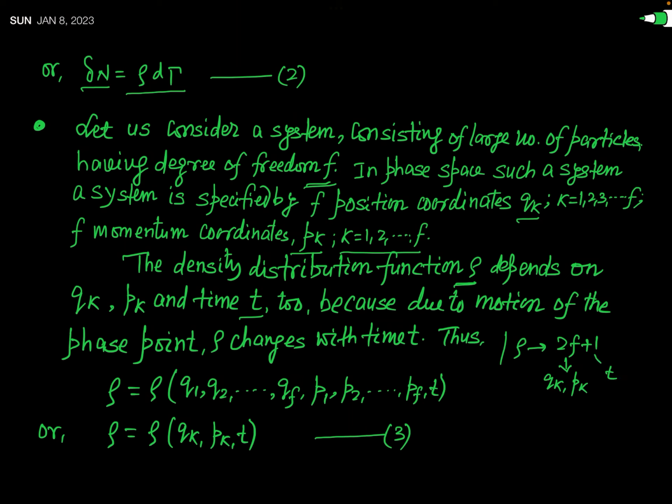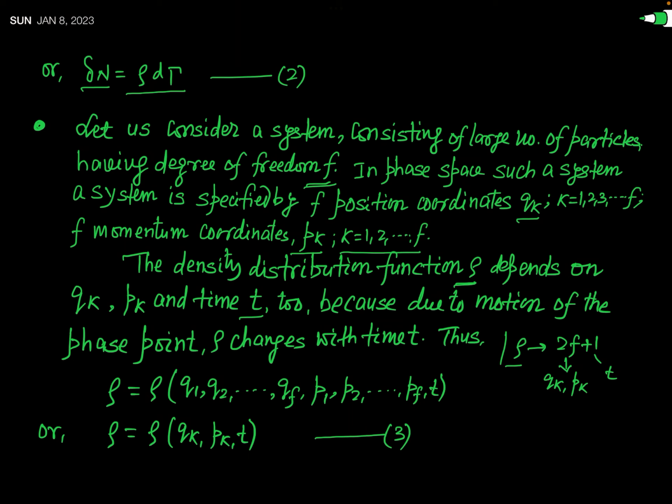So as a whole you can say that the density distribution function rho is a function of 2f plus 1 independent variables, and those variables are what? Those variables are f position coordinates, f momentum coordinates and 1 time coordinate.